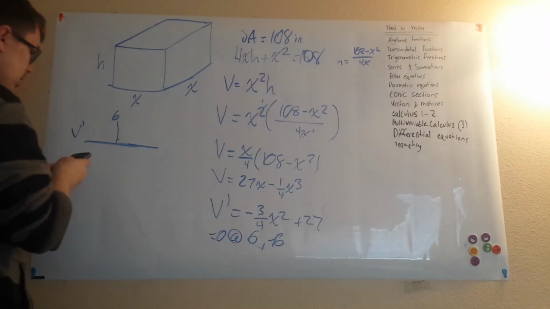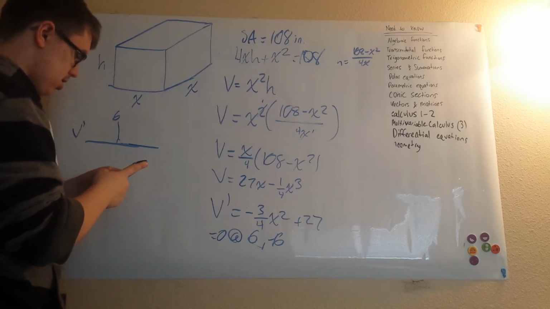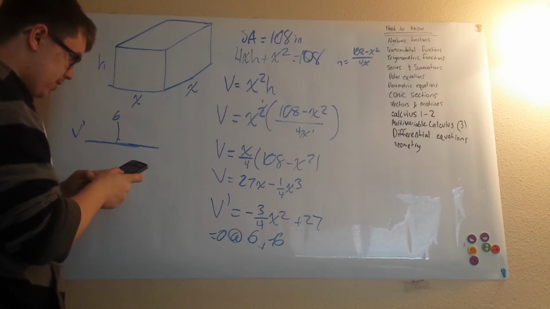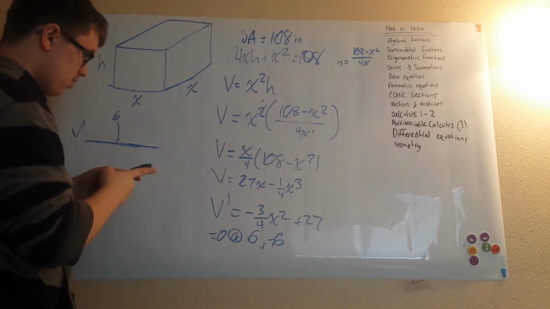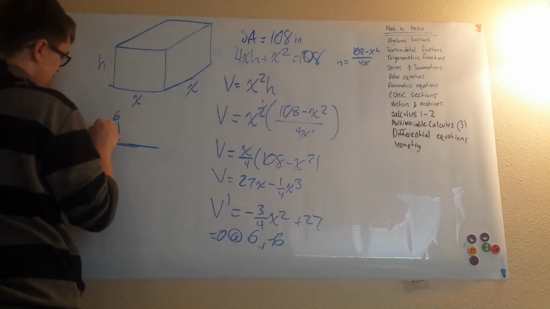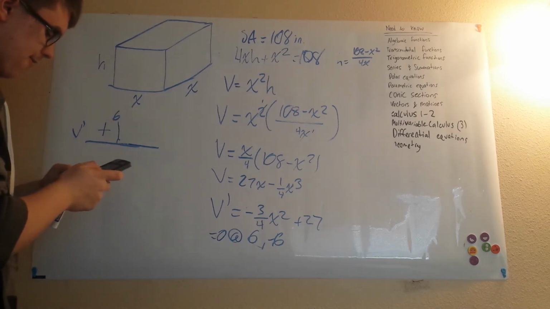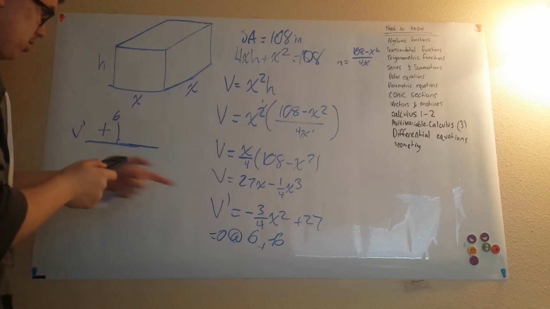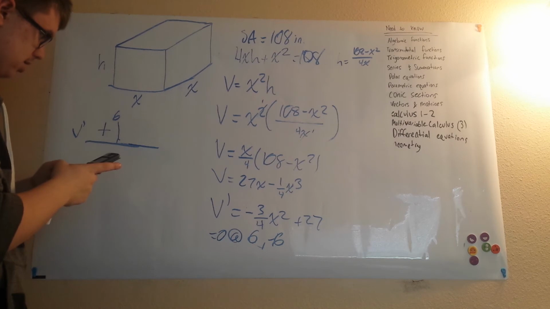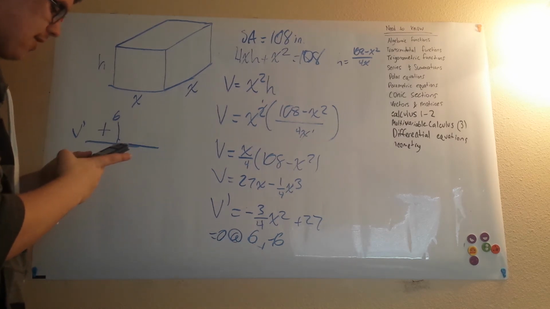So if we plug in something like 5, negative 3/4 times 5 squared plus 27, this is positive. And let's plug in 7 into the derivative. So it's negative 3/4 times 7 squared plus 27.